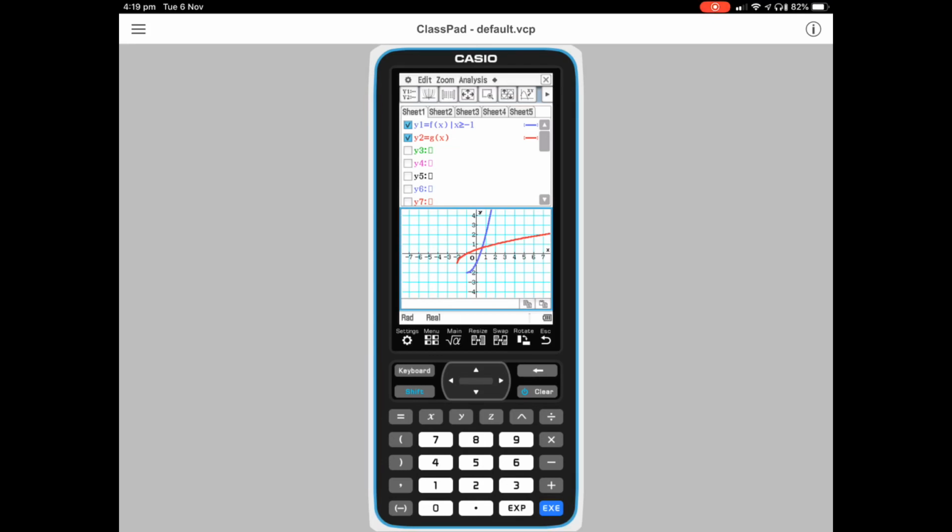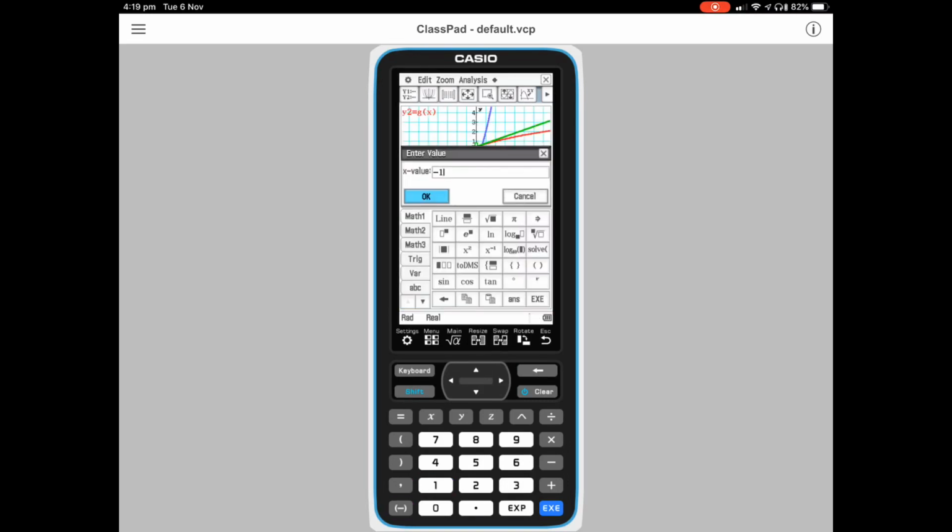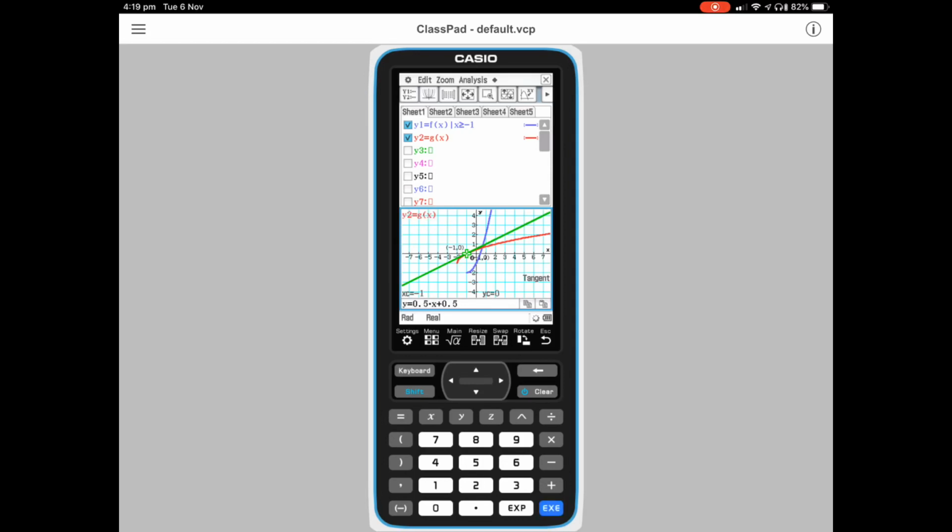Now, if I said to you when x equals -1, let's have a look at what the gradient of that graph is, the red graph. So analysis, sketch, tangent. Let's say it's -1. So there's my tangent, hit enter.